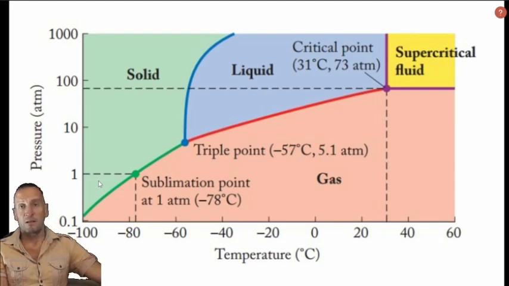If you heard about dry ice. Dry ice is exactly, look at it, at 1 atmosphere, minus 78 degrees, the carbon dioxide directly turns from ice to gas. This is why it's called dry ice.